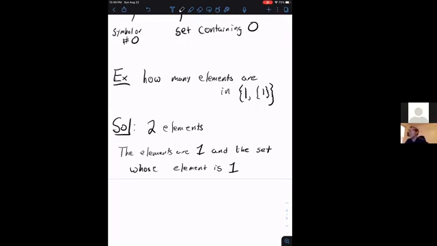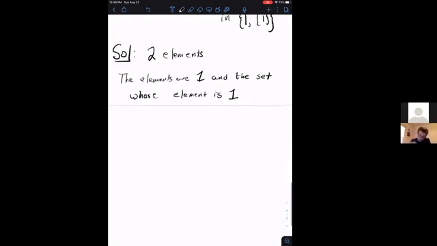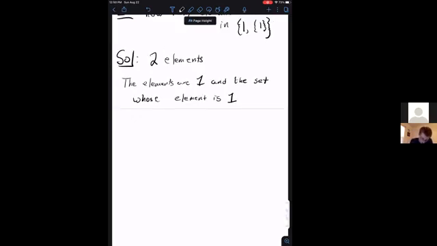Okay, that's set roster notation. Lucky for us, we already know what the real numbers and stuff like that are. I just want to do a couple other things. So other symbols. This symbol right here, we know that's the integers, but if I add the plus sign, that is positive integers.